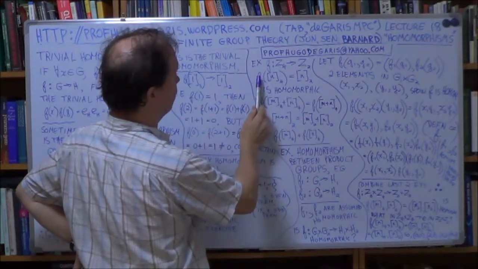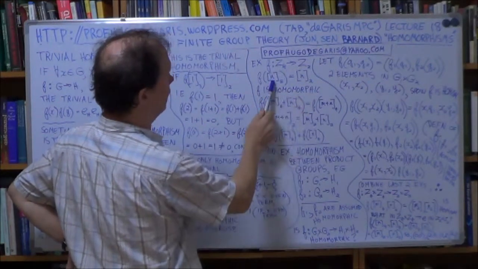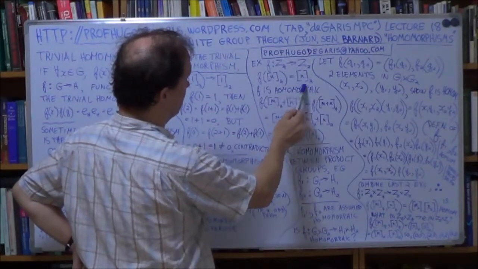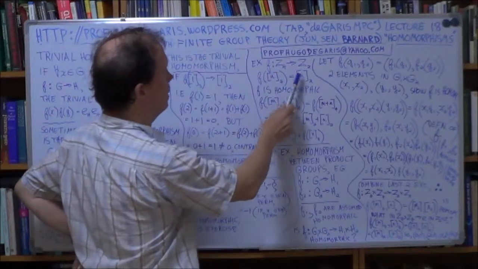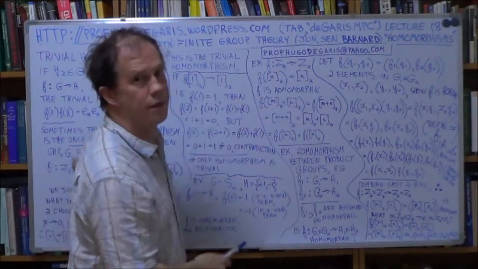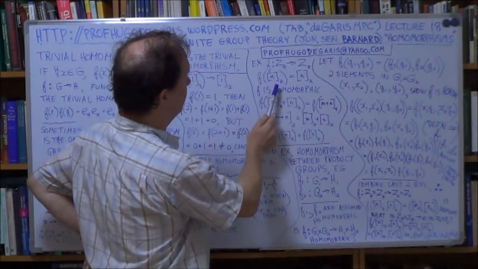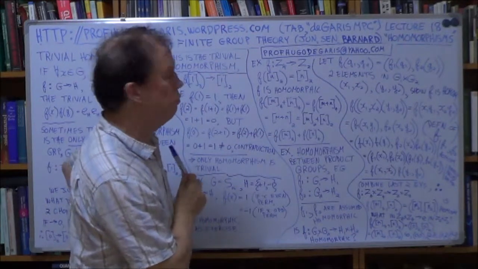So this function maps this element of Z4, right, into this element of Z2, where the residue class number n is the same for both. So it maps n4 into n2.